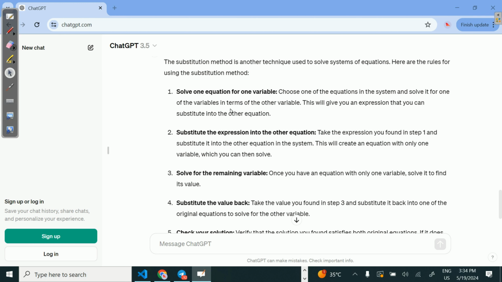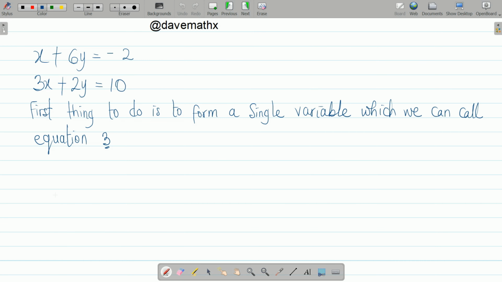Here we can choose one of the equations in the system and solve it for one of the variables in terms of the other variable. After that, I'll create equation 3 using equation 1.